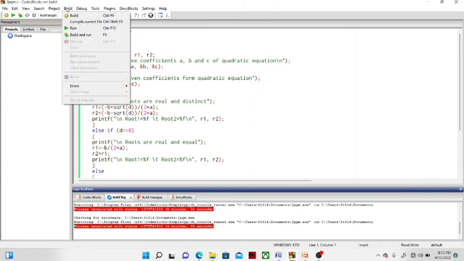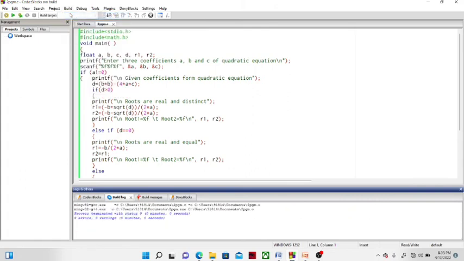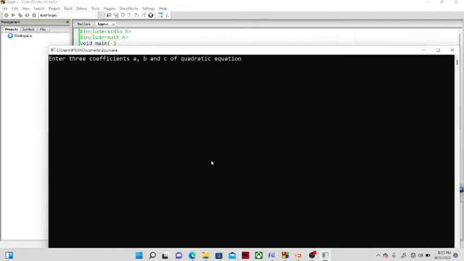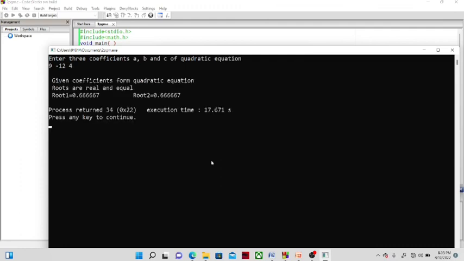So then I will click on the run button, right? So the first coefficient value I will give is, say, 9, right? So this is the value of a, and minus 12, and I will give the next value here.